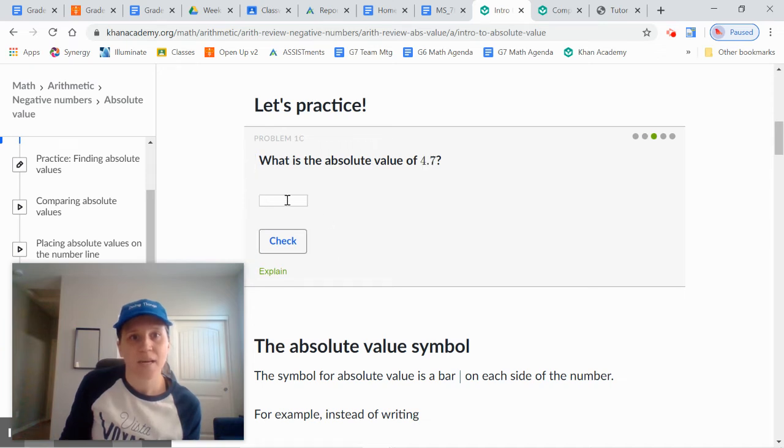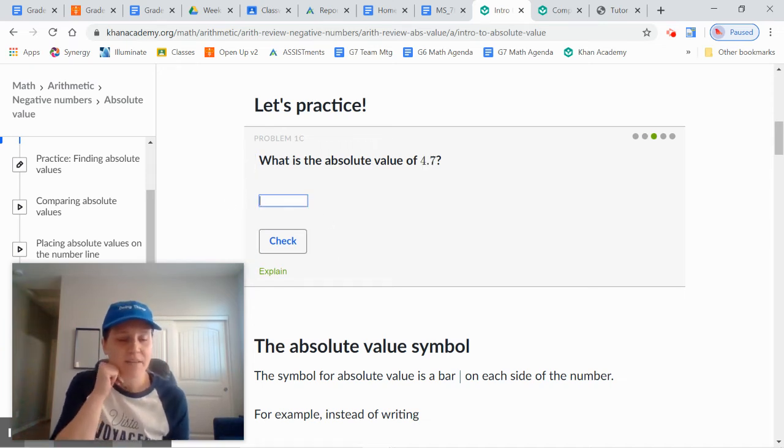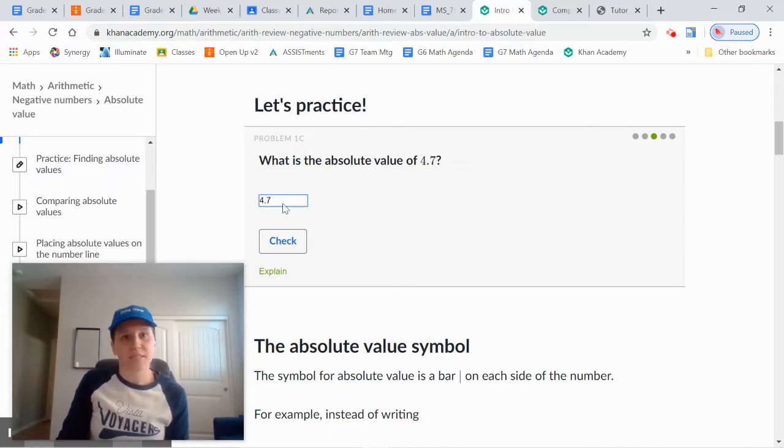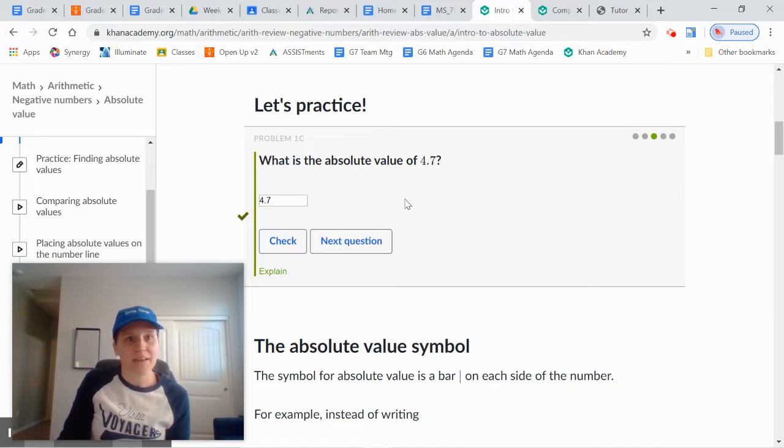Okay. What is the absolute value of 4.7? Think about 4 7/10 on a number line. How many spaces away from 0 is it? It is 4.7 away from 0. So the absolute value of 4.7 is 4.7. Okay. This isn't too difficult.